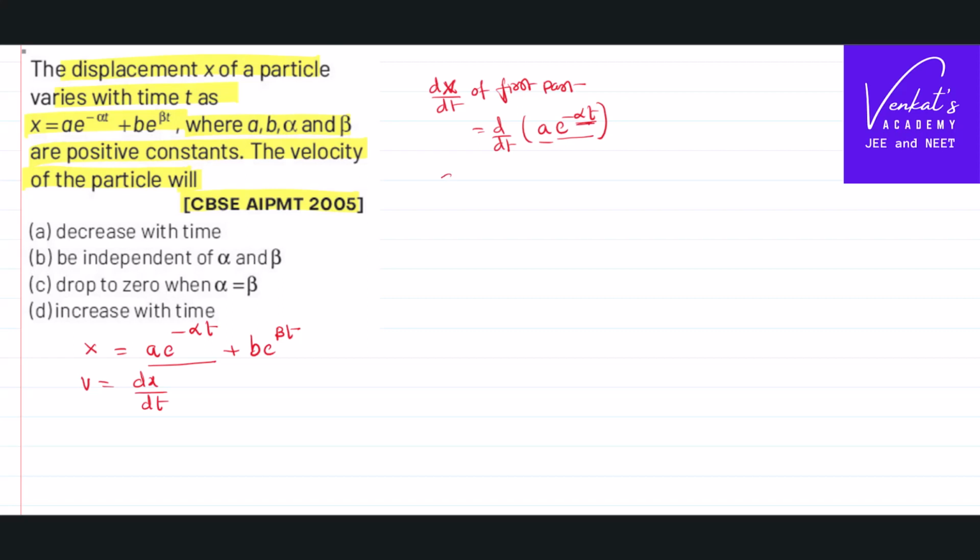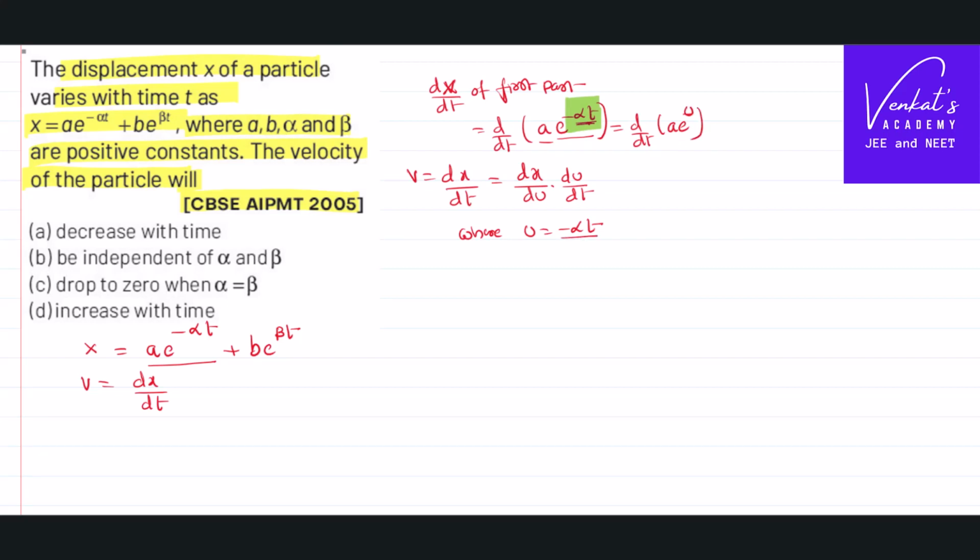To do that, I can write this as dx by du and du by dt, where I will consider the power minus alpha t as u. So this equation becomes d by dt of a e power u.